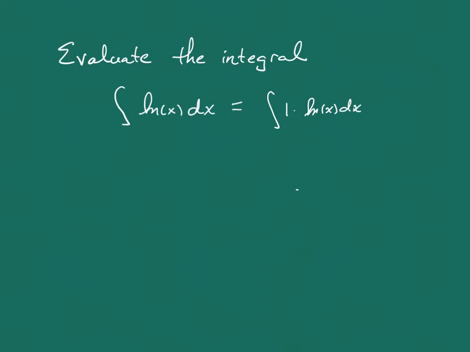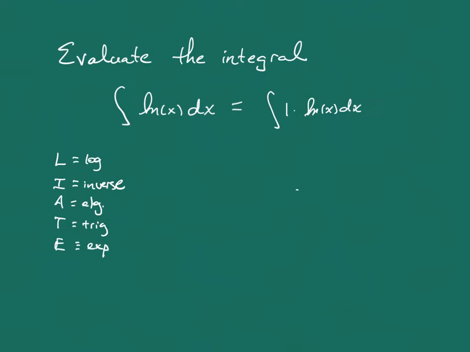And so if we want to use integration by parts on this, what we're looking at, again, kind of coming back to our acronym LIATE, is that we have logs, we have inverses, we have algebraic functions, we have trig, and then we have exponential.